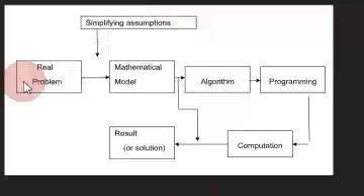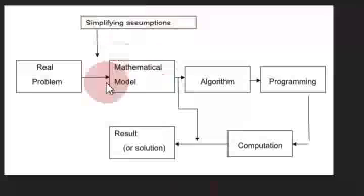So if you are given a real problem, first you have to study the problem properly to build a mathematical model. It includes a complicated function or system of differential equations, right?